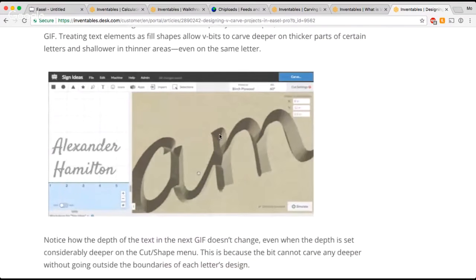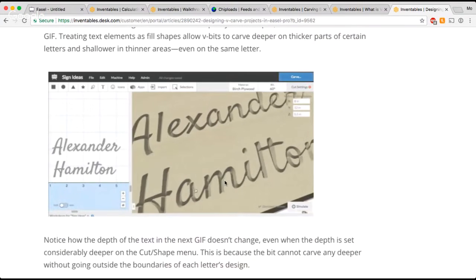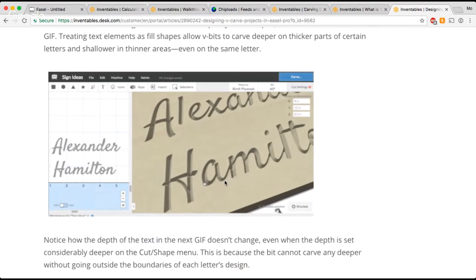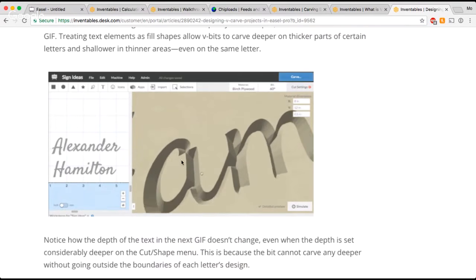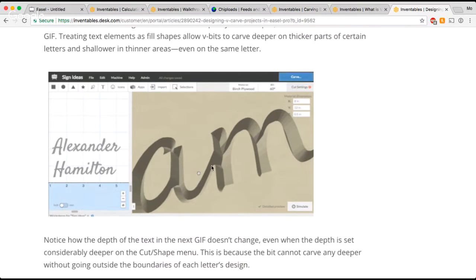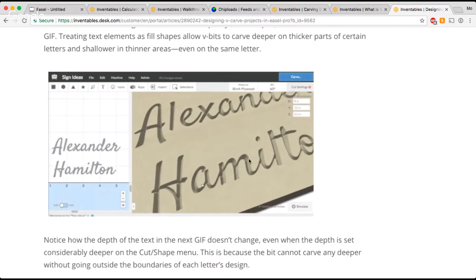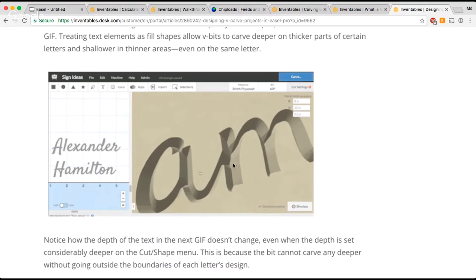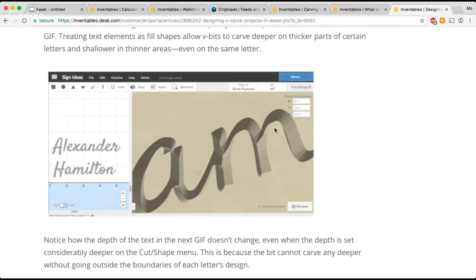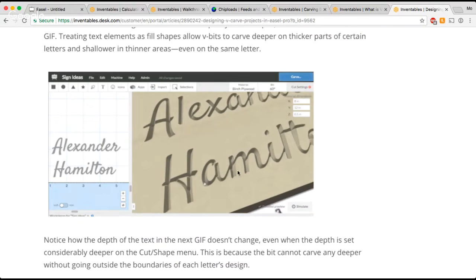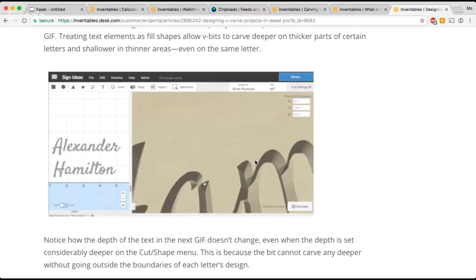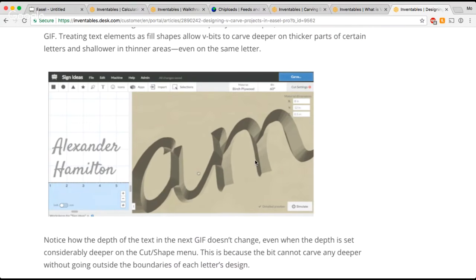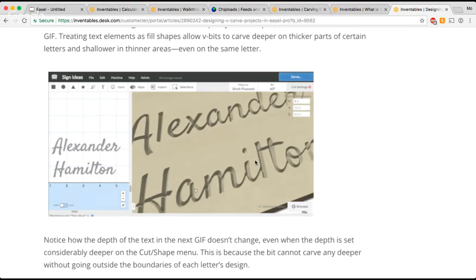Text is an awesome example of when you would want to use a V-bit because some elements of this text are wider than others and some are really thin. So rather than try to figure out a way to carve all of this with a 1/32 inch bit, the V-bit will automatically do this for you, and it'll take care of all these varying widths and set them to the right depth that it can carve simply in one tool path, maybe 2.